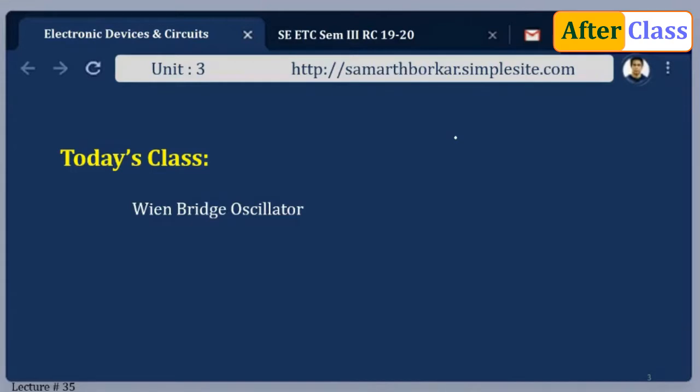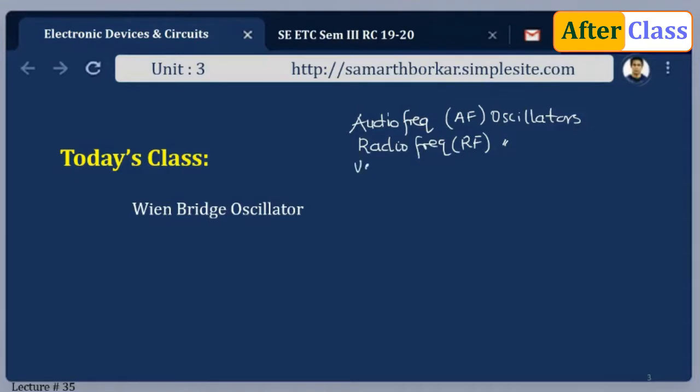So we have types of oscillators, for example, audio frequency AF oscillators. Then we have radio frequency RF oscillators. Then VLF, very low frequency oscillators, then low frequency oscillators, and so on, up to microwave oscillators.